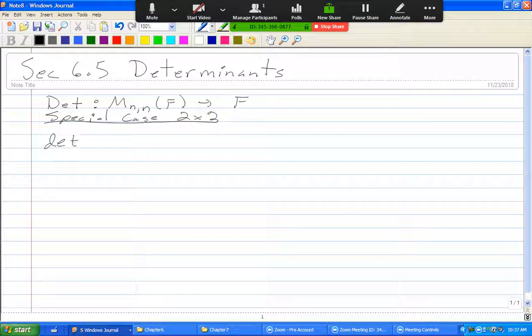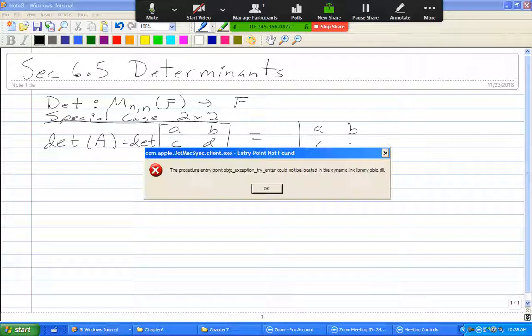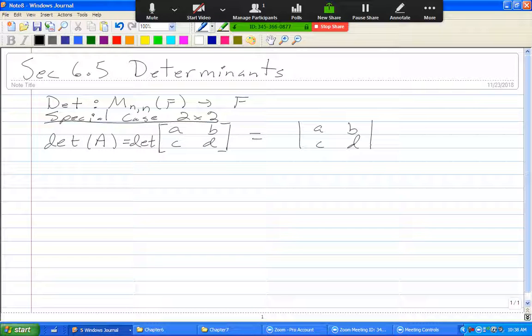So I'll use the following notation: A, B, C, D.